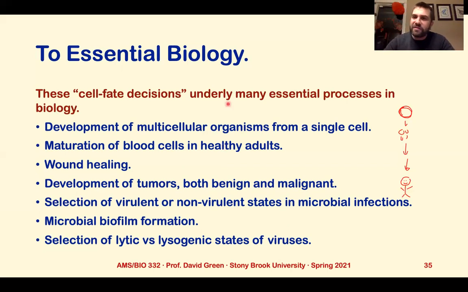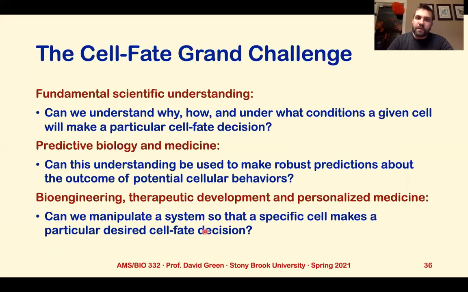Essentially, at every level in the tree of life, cell fate decisions play a role, at least in some of the biology of these organisms. Because of this centrality of cell fate decisions, this is going to be one of the recurring themes that we come back to in the class.